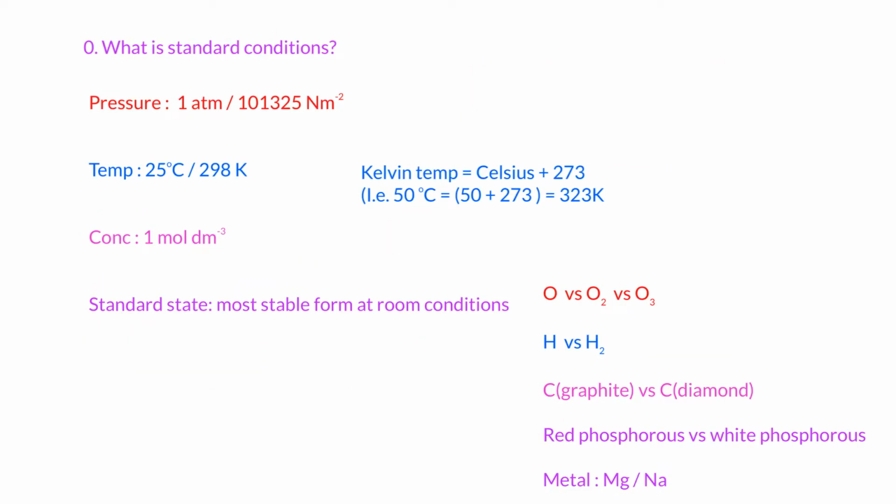First of all, what are standard conditions? Standard conditions mean that the experiments will be carried out at those conditions. So if everyone tries to replicate the experiments and confirm whether the data or value obtained is correct, you can follow the standard conditions and perform the experiment one more time.